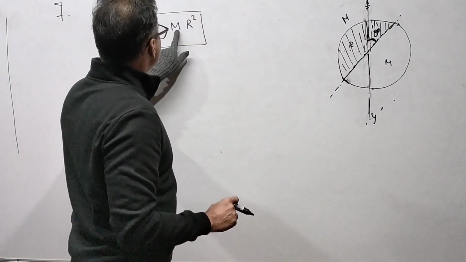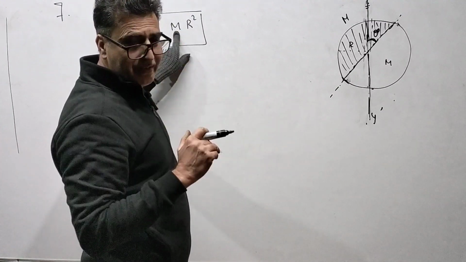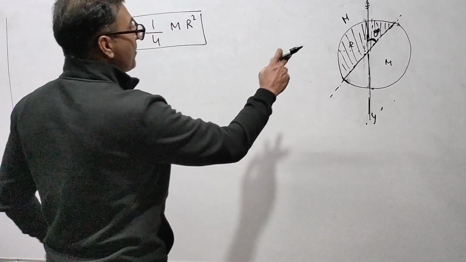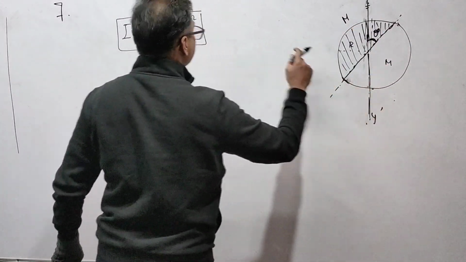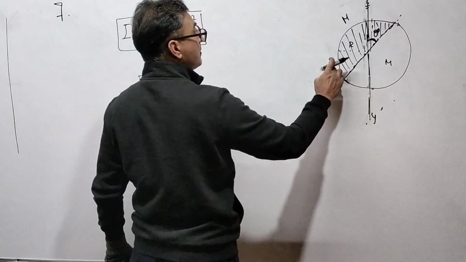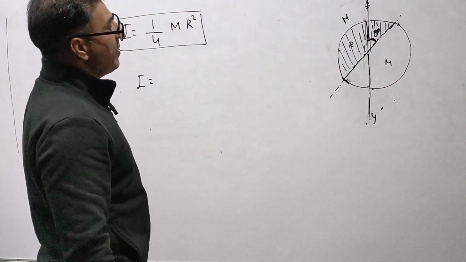But this m is the mass of the whole disk by definition, and r is the radius of the disk. But what is the total mass of the disk here? That's I, moment of inertia of this whole disk, not half, whole disk.